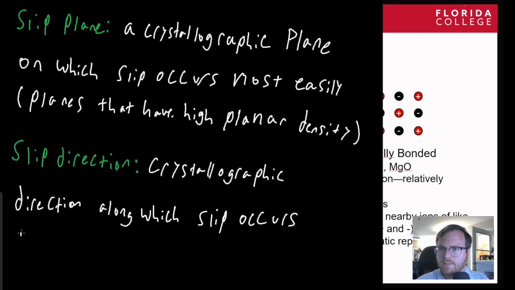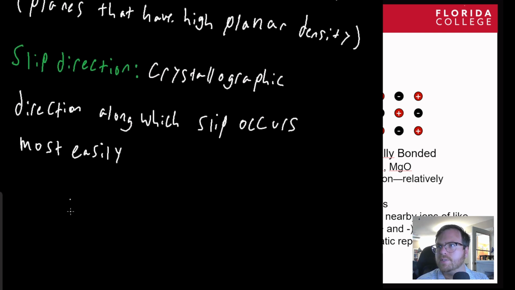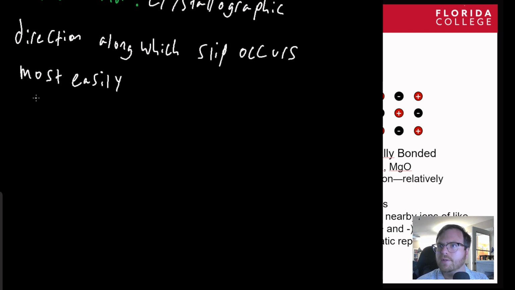And then as a little added bit, along which slip occurs most easily. So which direction is it going to want to slip in? And what is that plane that it's going to want to slip along? And this direction should also have a high linear density as opposed to planar density.